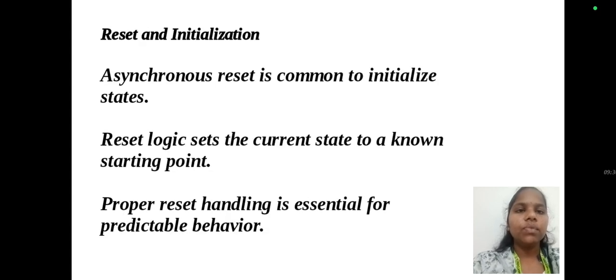Reset and initialization. An asynchronous reset is common to initialize states. Reset logic sets the current state to a known starting point. Proper reset handling is essential for predictable behavior.